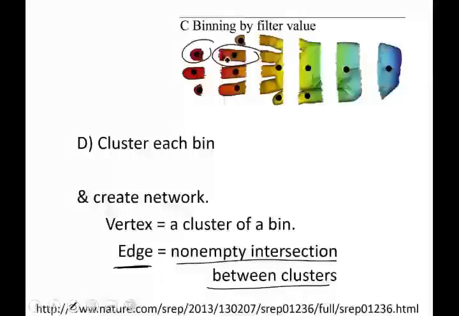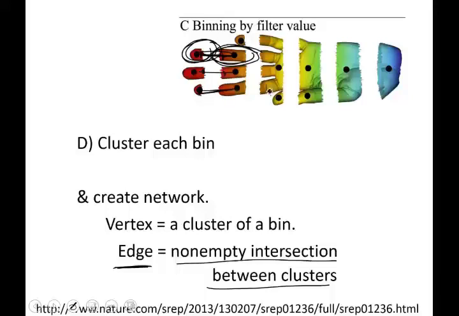So if these clusters in the 2 different bins overlap, we draw an edge between them. Similarly, there are points in common with this cluster as with this cluster. So points over here intersect with points over here. They overlapped, and so we get an edge between these two. Similarly, an edge between these two.